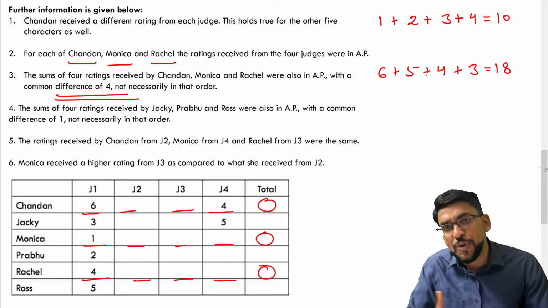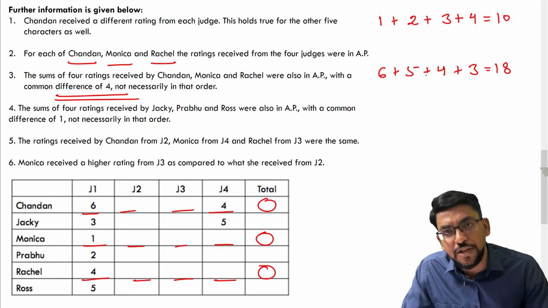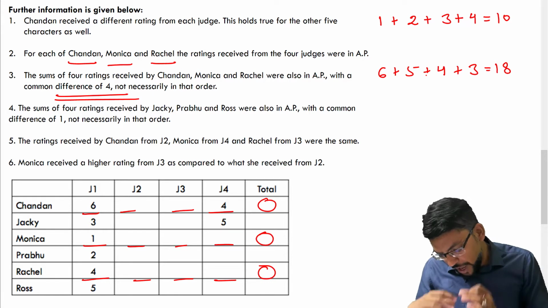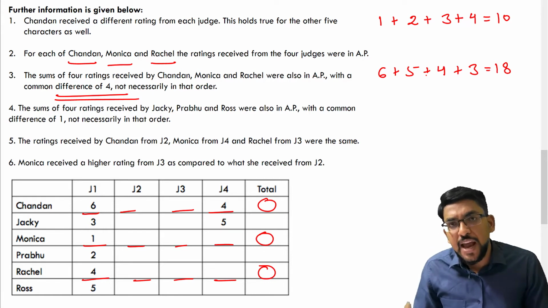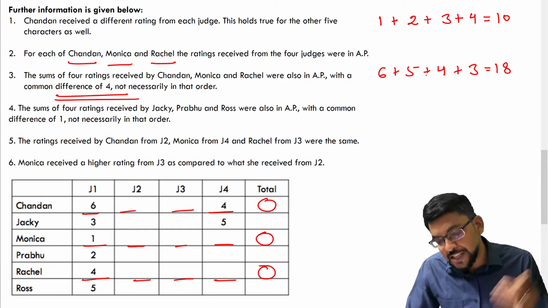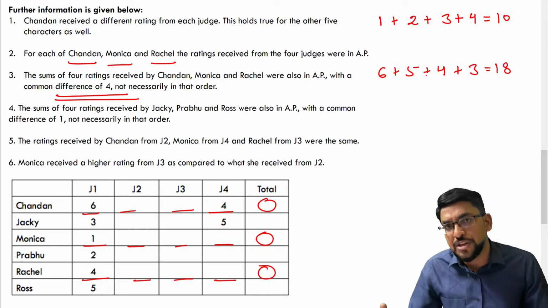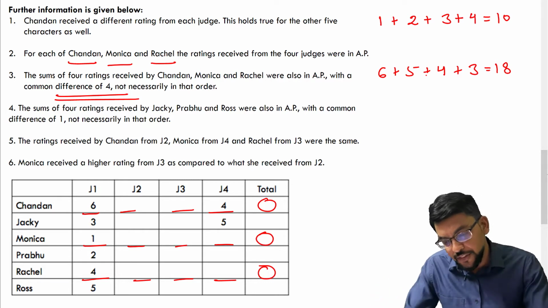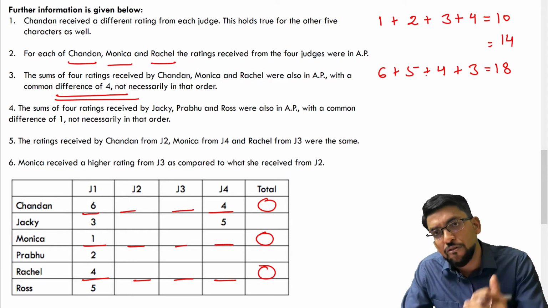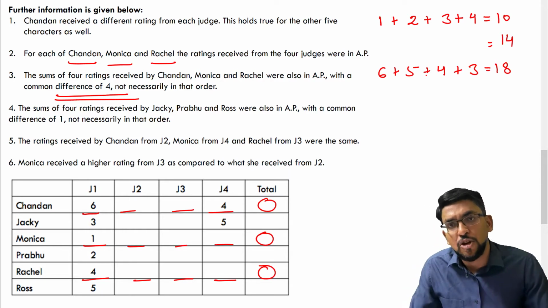That means numbers will lie between 10 and 18. And as we know, for C, M and Rachel, we have the summation in AP with a common difference of 4. Now when the minimum is 10 and the maximum is 18 and we have a common difference of 4 with 3 numbers, then we can immediately say these numbers have to be 10, 14 and 18. Other numbers are not possible here.